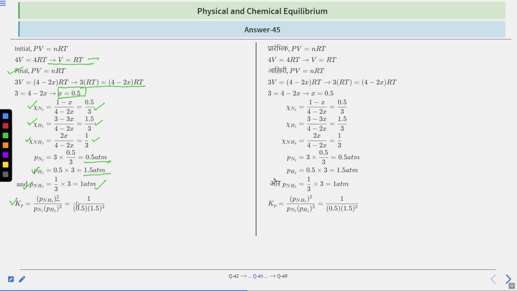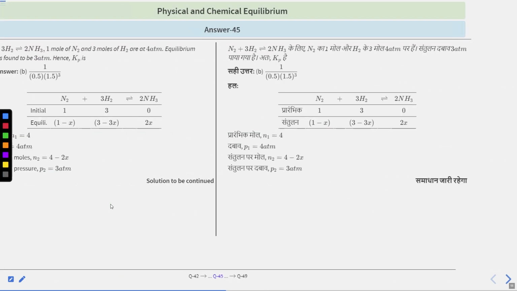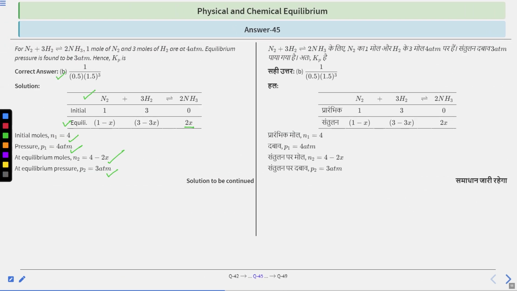Now on putting the values, we have 1 upon 0.5 into 1.5 cube. And this is the option given in our question. Hence, this is the correct answer. So our correct option will be option B.